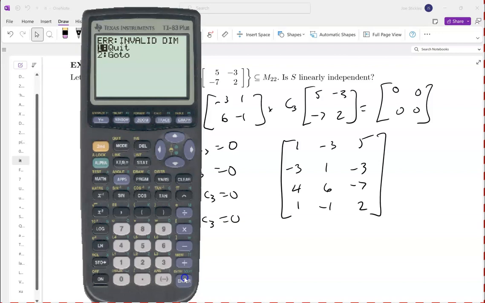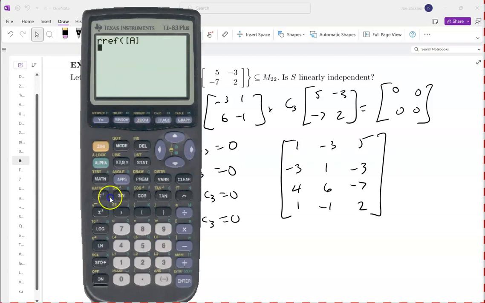The easy way to do that is just to go back into your matrix menu, go over to edit, and change this to a square matrix, making it 4x4. It should just add a column of zeros, and then it'll row reduce just fine.